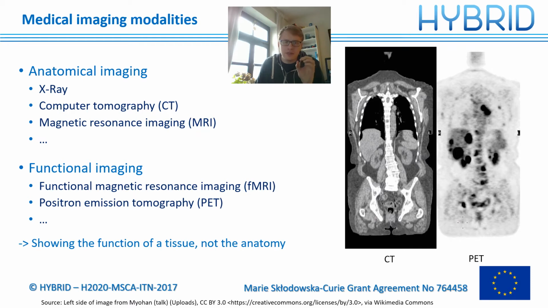This is because the PET scan shows the function of the tissue and not the anatomy. The CT shows tissue density and attenuation, while PET shows something involved in the biological function of the tissue.